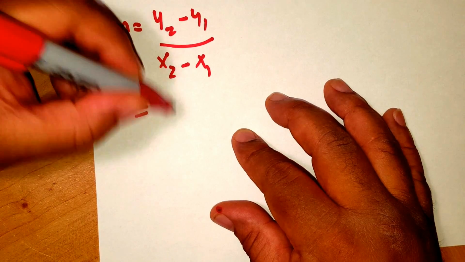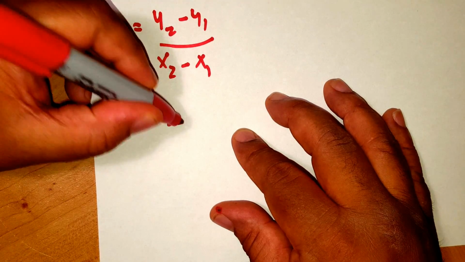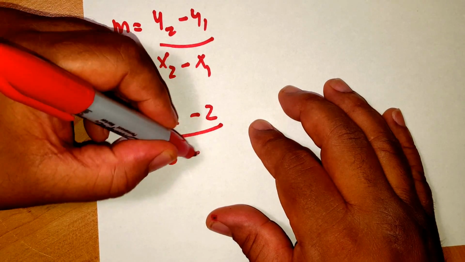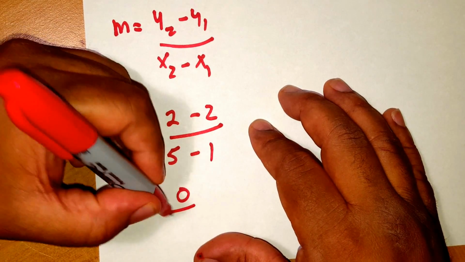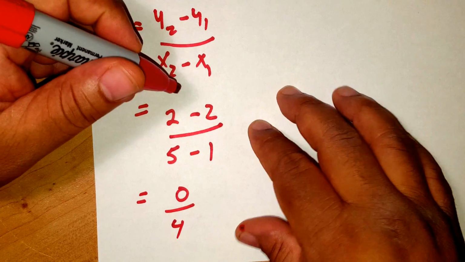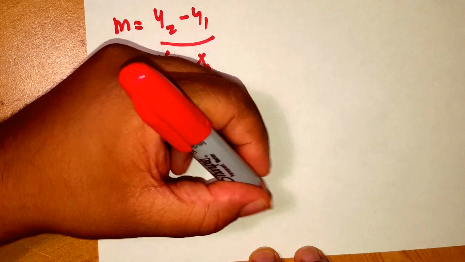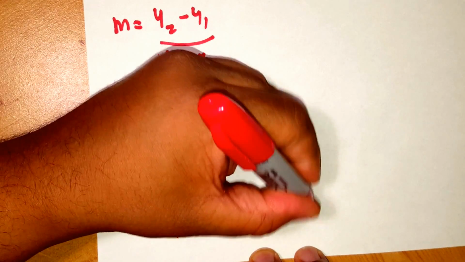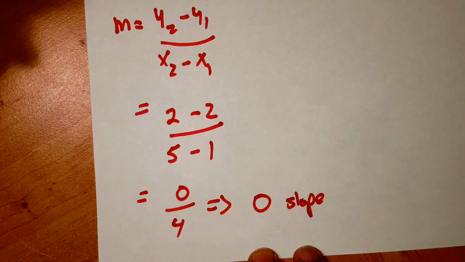And we will subtract our y's, 2 minus 2, 5 minus 1, 0 on top, 4 on the bottom. So in this case, our slope is going to be equal to 0. Okay? The line doesn't go up or down at all, it just lays flat.